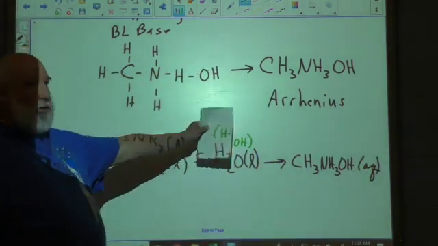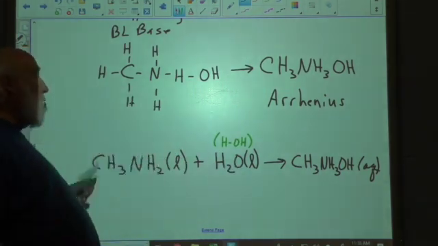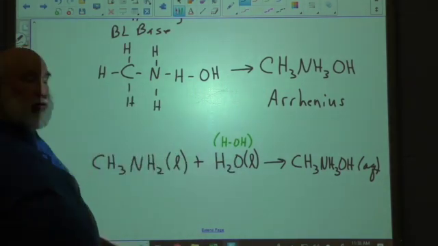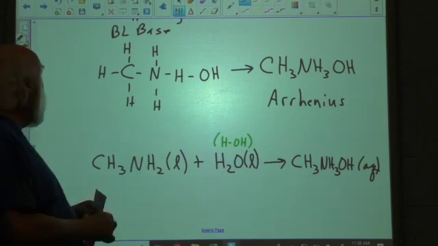A few of the molecules will react, the rest of the water molecules will not. They'll just dissolve. All right?